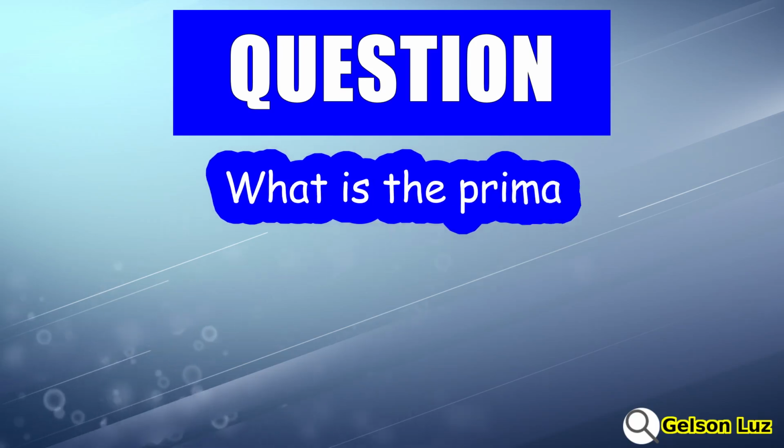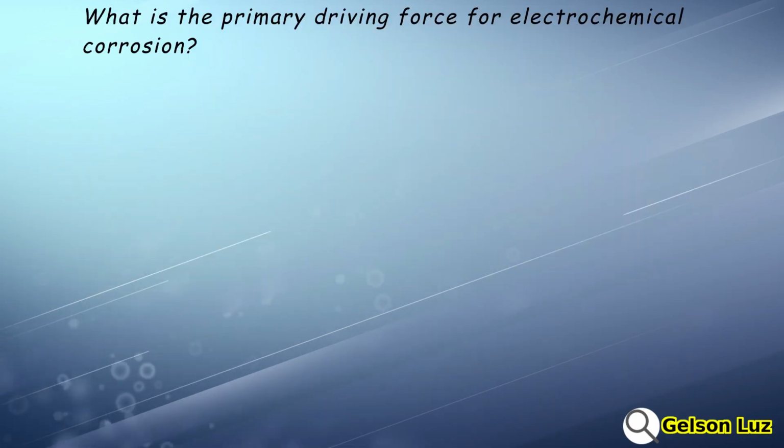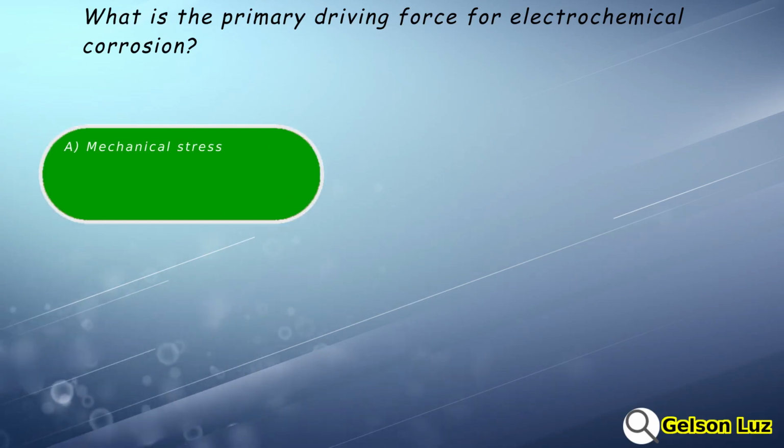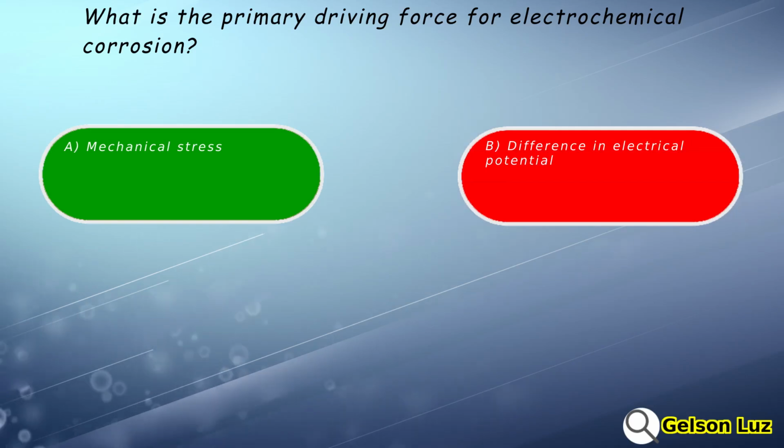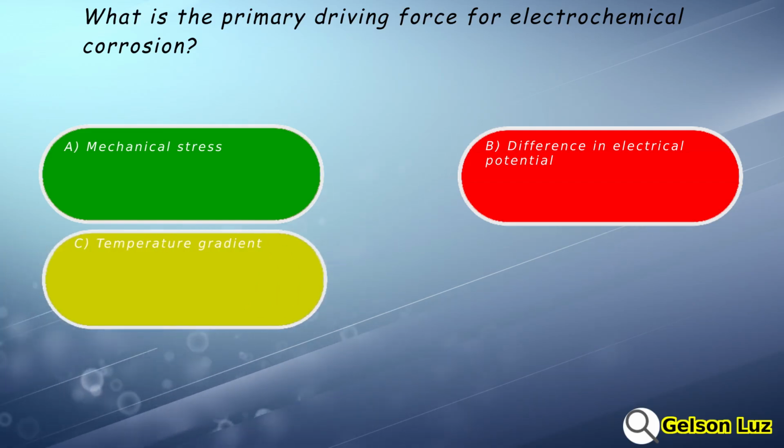What is the primary driving force for electrochemical corrosion? A. Mechanical stress. B. Difference in electrical potential. C. Temperature gradient. D. Pressure difference.